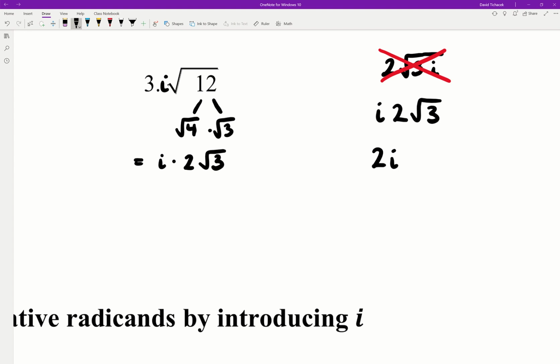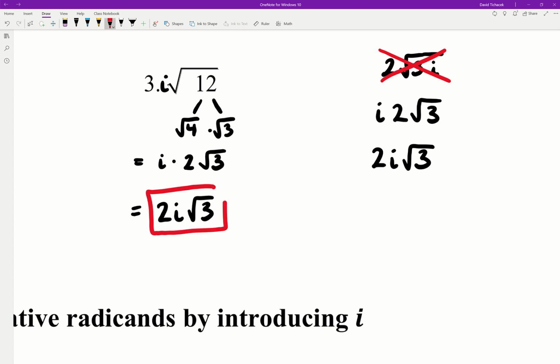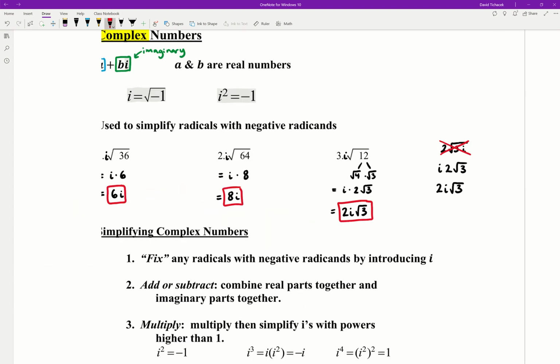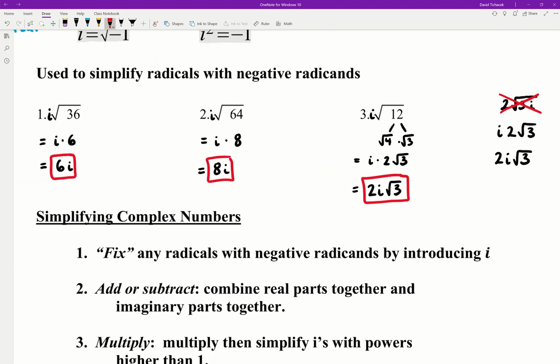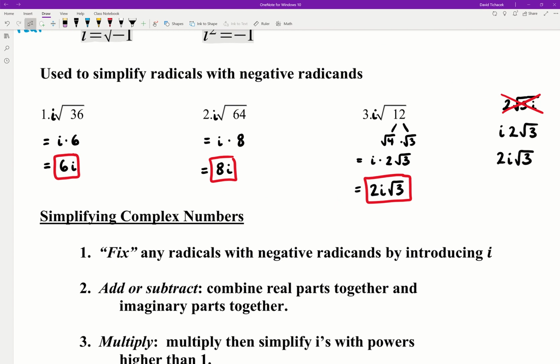And so because we don't want to write it after the square root number and we don't want to write it before the integer 2, we actually just write it like this, where we say simply 2 times i times the square root of 3. Okay, and so that gives us a really easy way to think about how to figure problems out whenever we are taking the square root of a negative number.